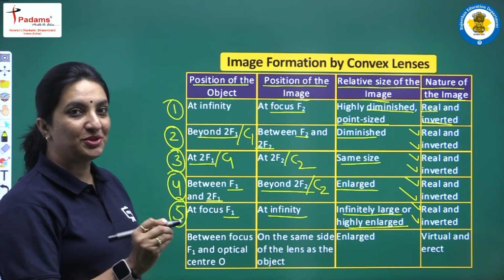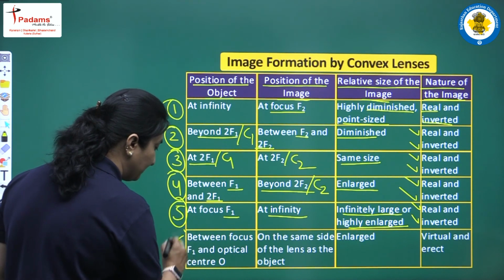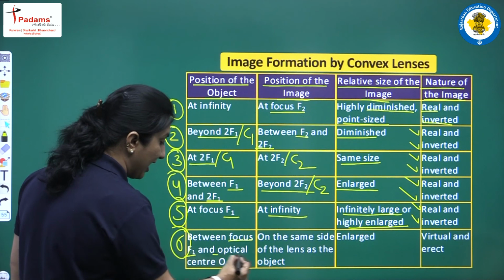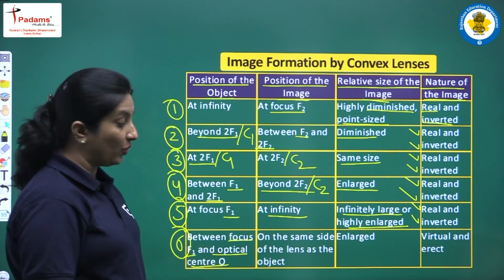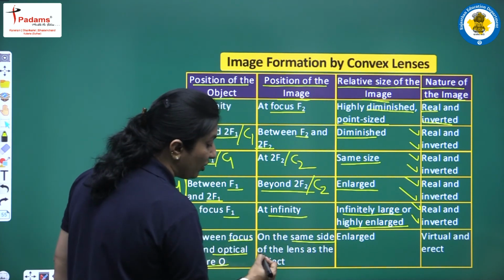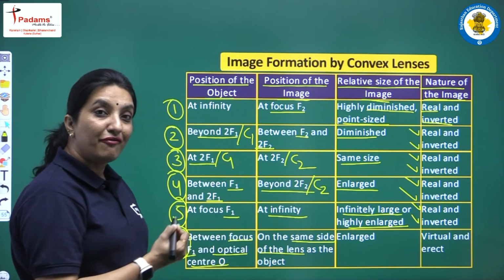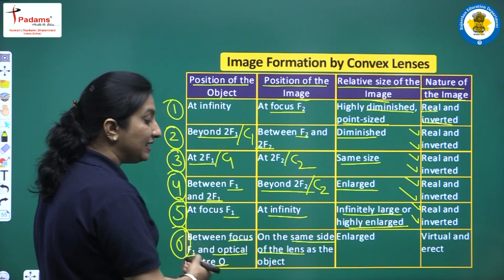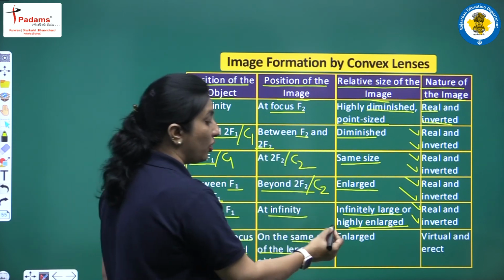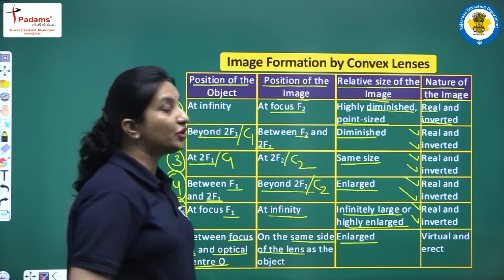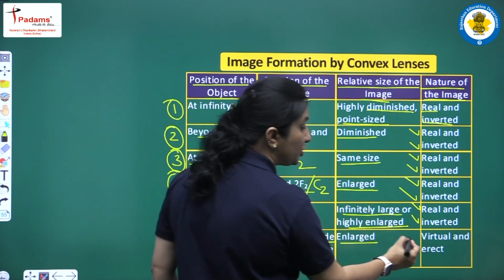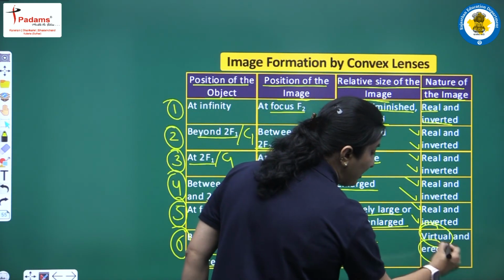Then the sixth position, when the object was placed between the focus F1 and the optical center O. Now here the position of the image was on the same side of the lens, that is in front of the lens, where the object was placed, and we saw that the size of the image was enlarged and the nature of the image was virtual and erect.